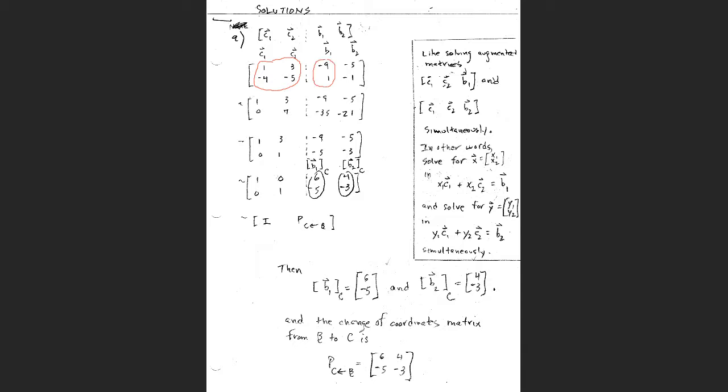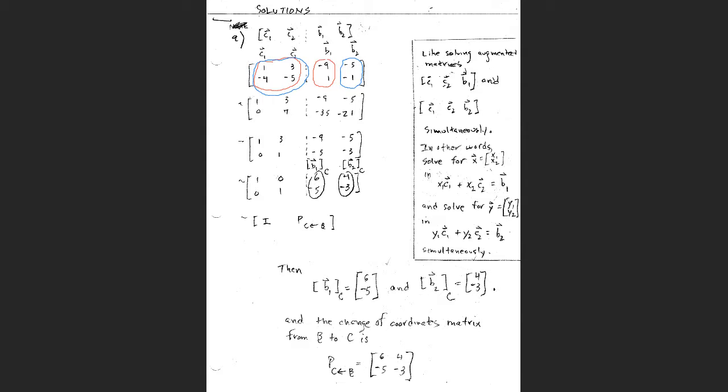That's one of the augmented matrices. The other augmented matrix again has columns C1 and C2 on the left, but to the right of the equal sign, you have -5, -1.